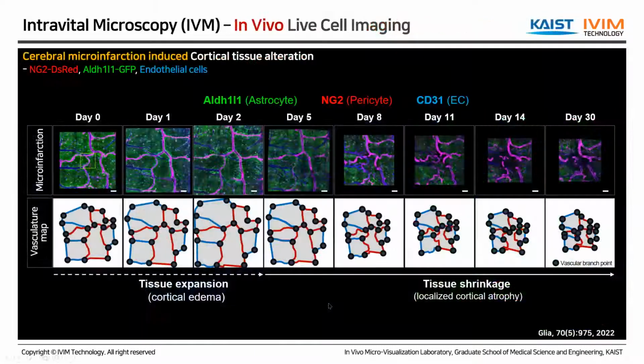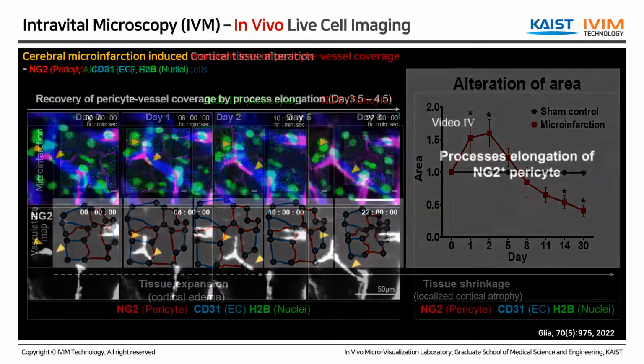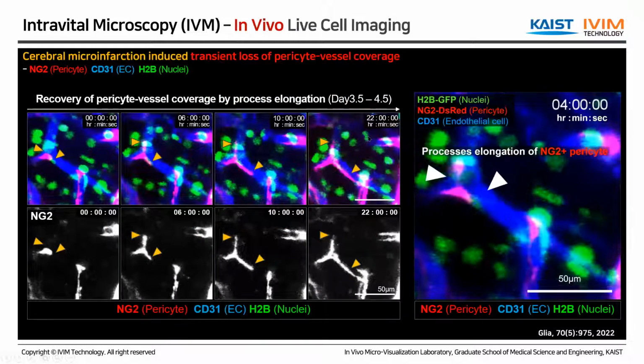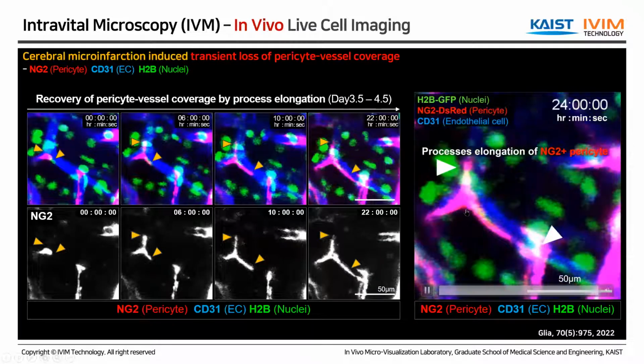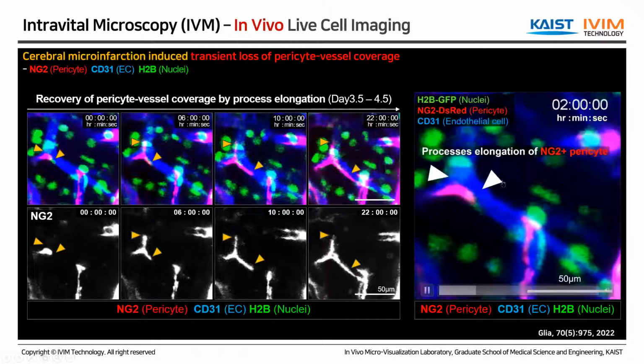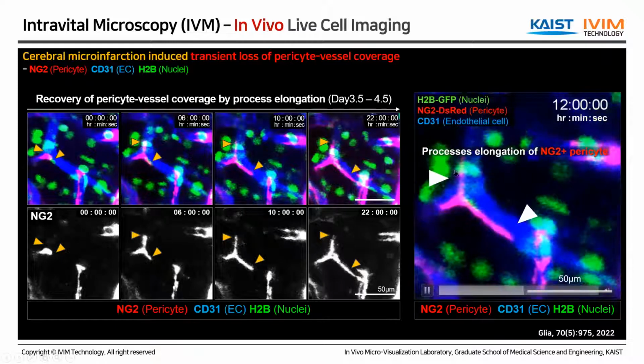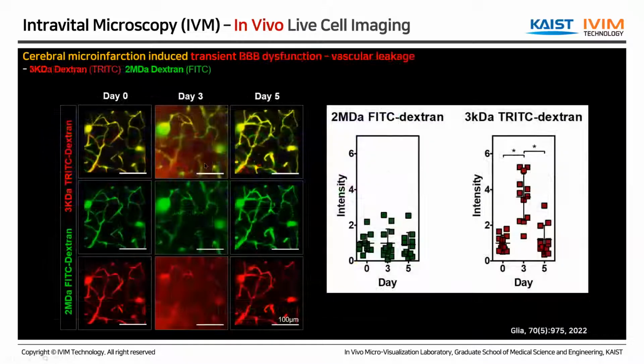And then under this setting, after this surgical procedure, the same mouse can be imaged over 1 month like this, after inducing single vessel microinfarctions. And then also with the same setting, we can select the time points and observe the changes over like 24 hours, as I explained to you before. And then we can also test the BBB function, how this BBB function is maintained or not.